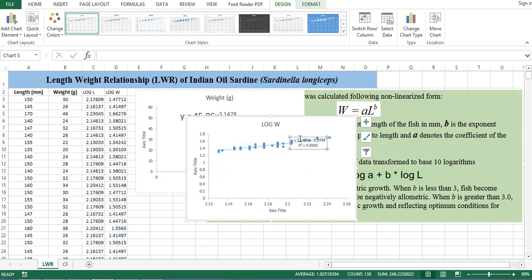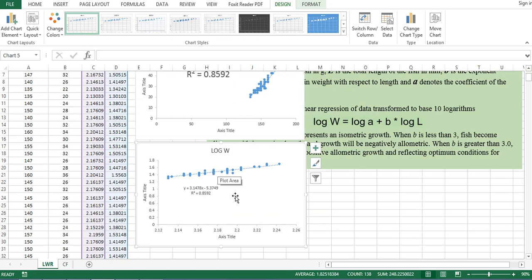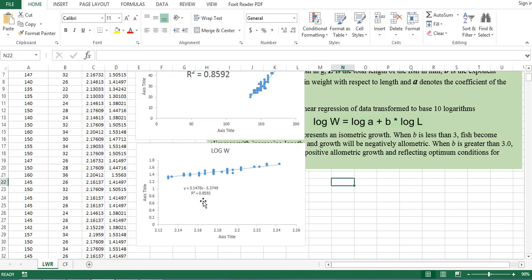As we know, the log transformation is the linear transformation. So here you got the value of b and a. So this is basically y is equal to mx plus c.